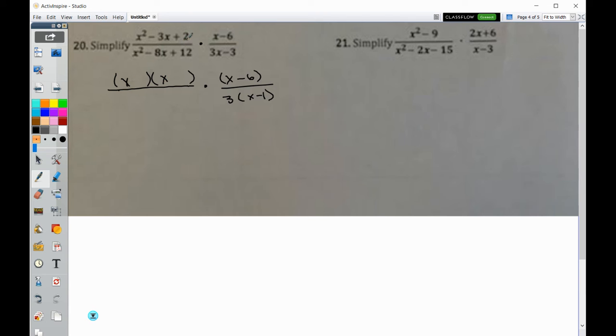To get a 2, the only possibility would be 2 times 1. So here's where we get to see if this is factorable or not. To get a positive 2, they'd have to both be negative or both positive. I'm going to go both negative because I have this negative 3 in the middle. x squared minus x minus 2x to give me that minus 3x plus 2. So that works. And this is where the x minus 1 is going to be beneficial.